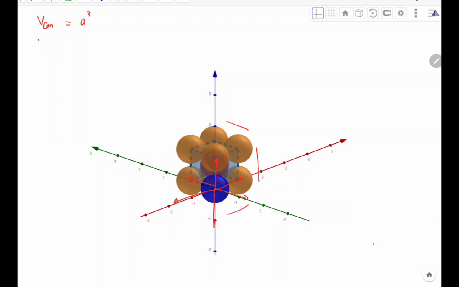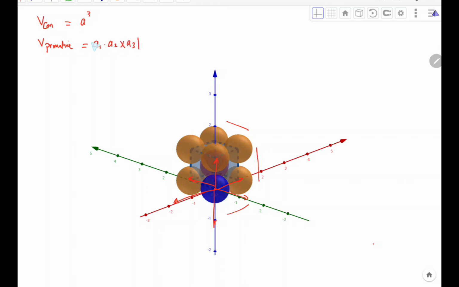Now the volume of the primitive cell, in this case it's different than the simple cubic, because the volume for a primitive cell is equal to a1 dot a2 cross a3.